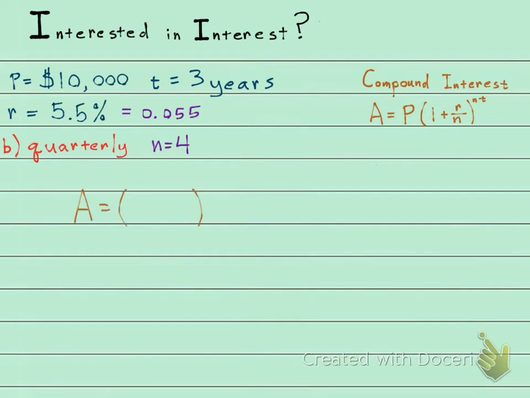My amount equals P times 1 plus R over N to the power of NT. And let's go ahead and plug in $10,000. 1 plus R, which is 0.055.